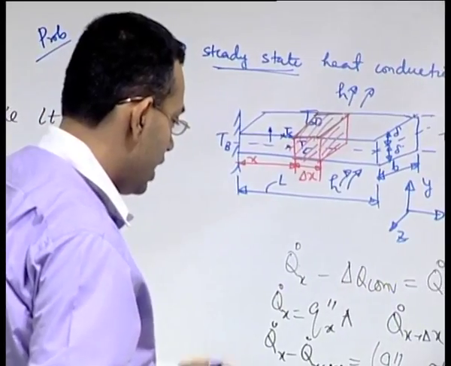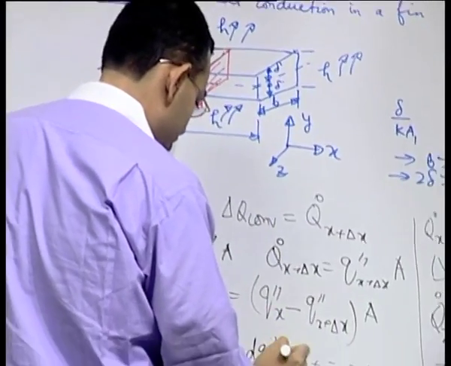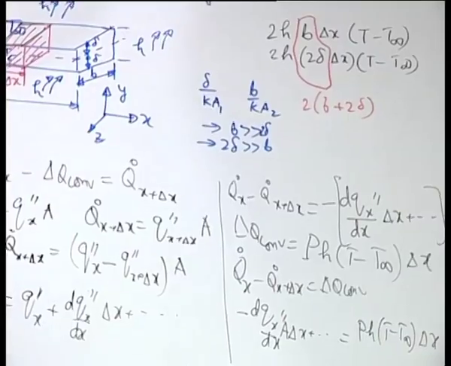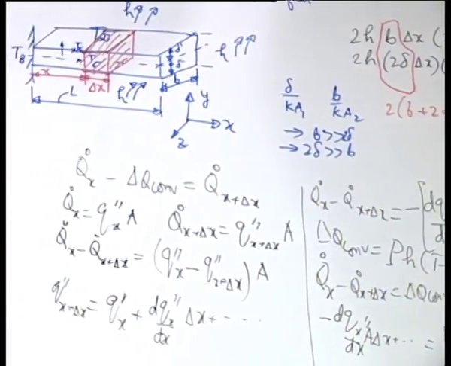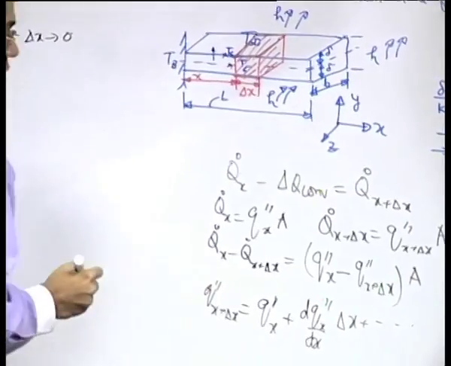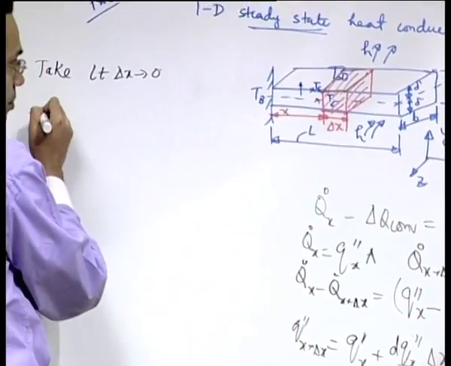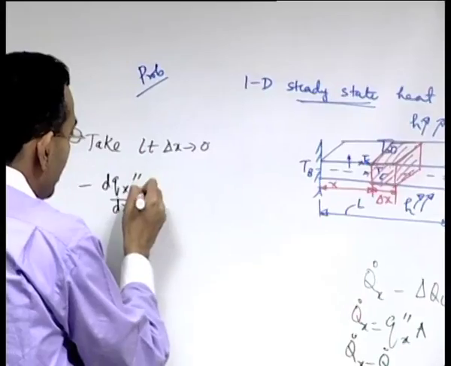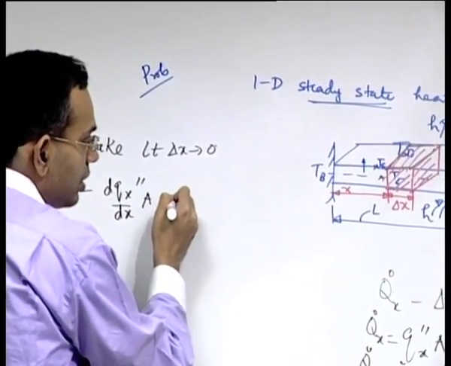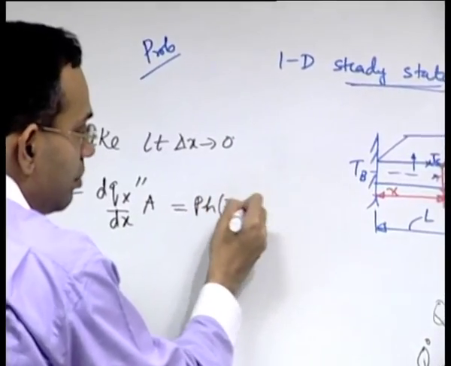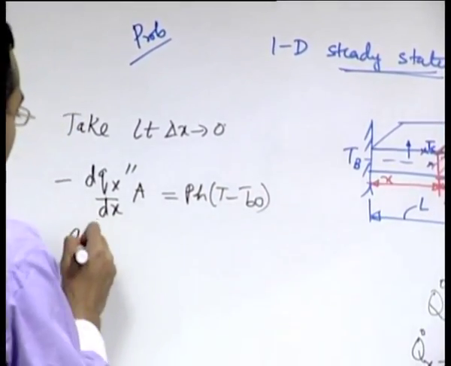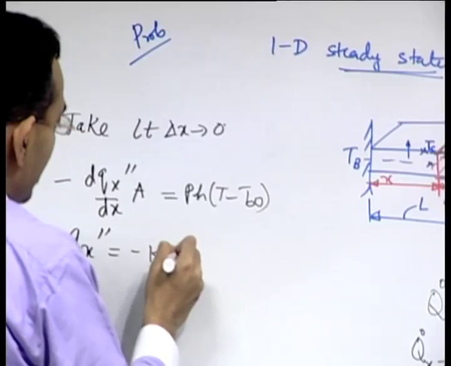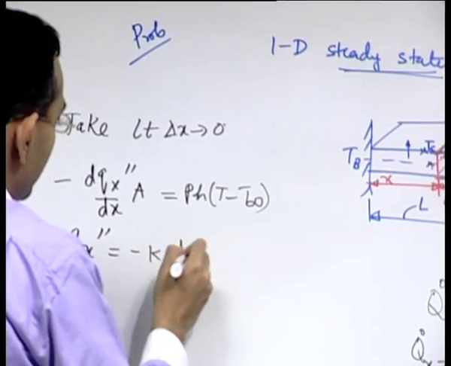There is an area here, A. So you have minus dq x dx A is equal to P h into T minus T infinity, and q is nothing but minus k dT dx.